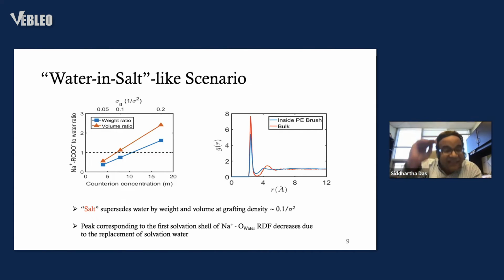That means there are fewer oxygens of water molecules around the sodium ion when the sodium ion is in the close vicinity of the polyelectrolyte molecule. On the other hand, in the bulk, where there is no polyelectrolyte molecule, these sodium ions would have a much larger number of water molecules surrounding them. This is precisely what is identified in this radial distribution function curve.